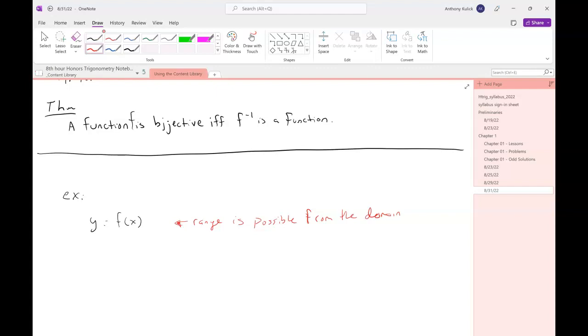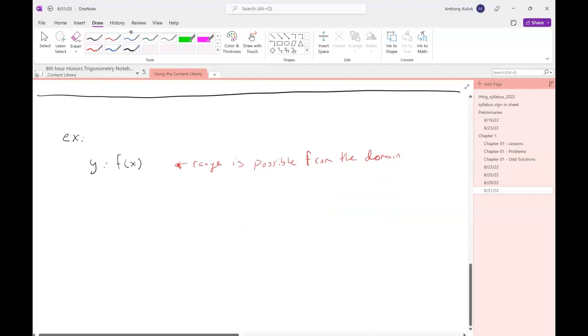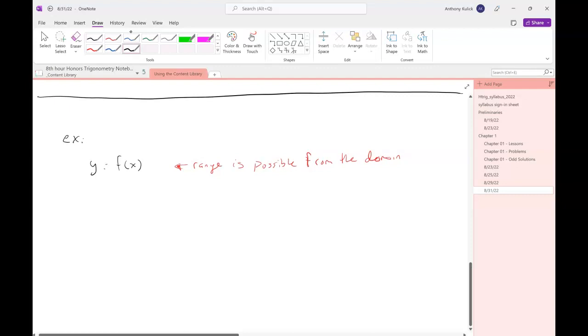By the way that we're calculating ranges, we automatically have onto. So really all we have to worry about is one-to-one.